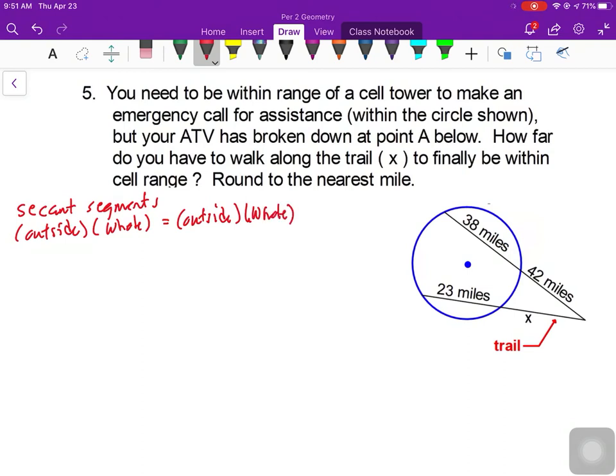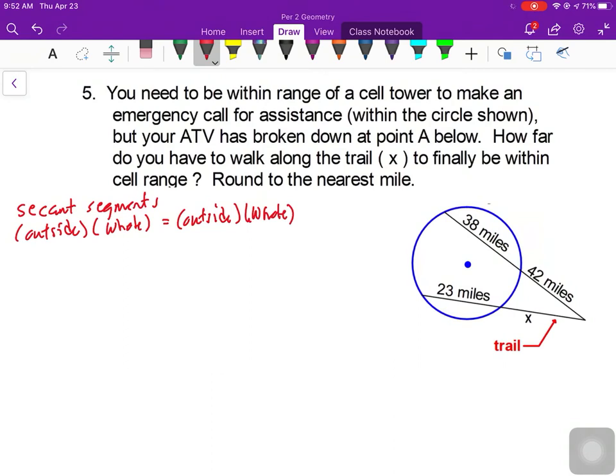Now it says you need to be within range of a cell tower to make an emergency call for assistance, so you have to be inside the blue circle. Your ATV is broken down at point A. How far do you have to walk along the trail? How far is x to finally be within the cell range of that tower?